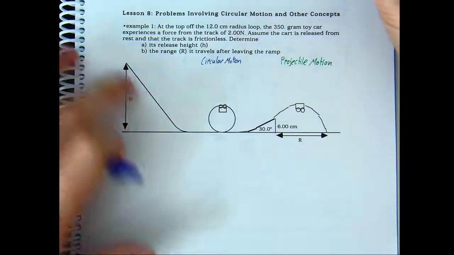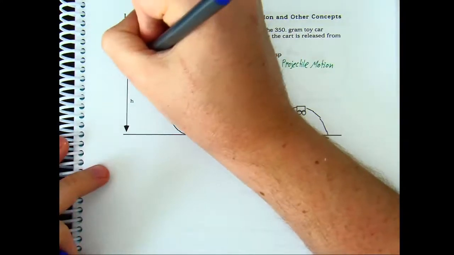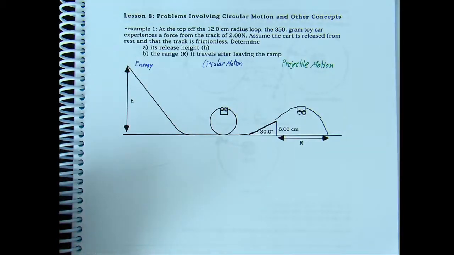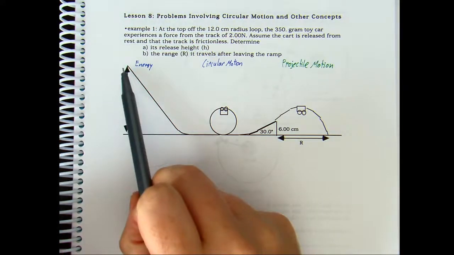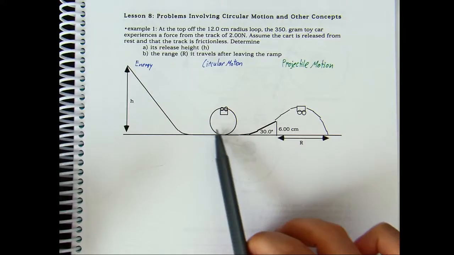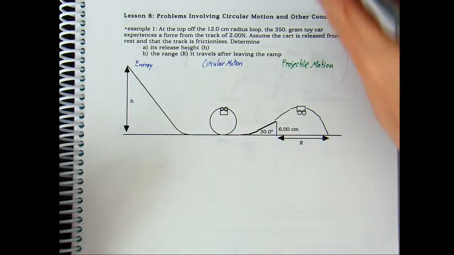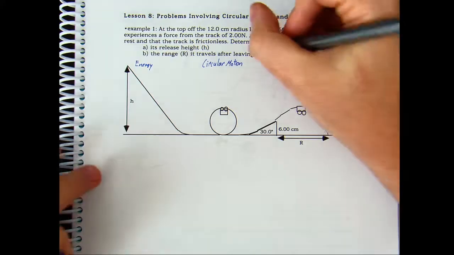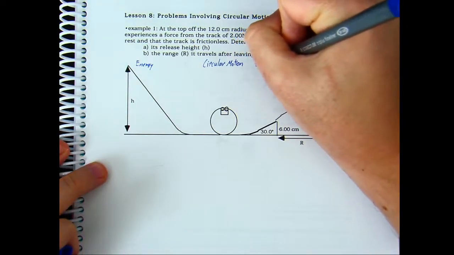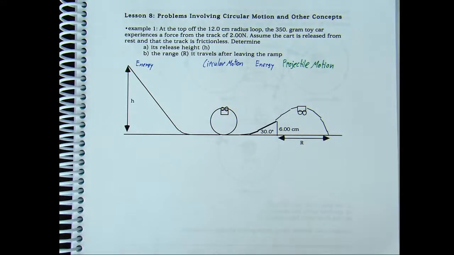We've got an object dropping, so we have energy. But what else? It drops, it loops, so energy, circular motion, and then back up again. There's actually going to be a section right here of energy again that we have to consider. Energy right here. And the question for each one of these pieces is, where does each one start and end?